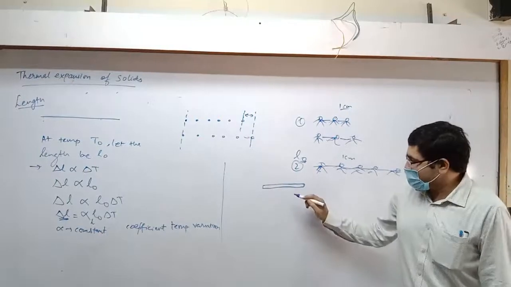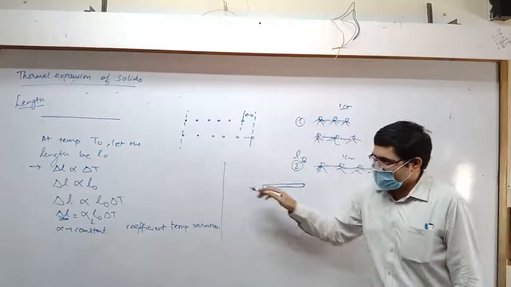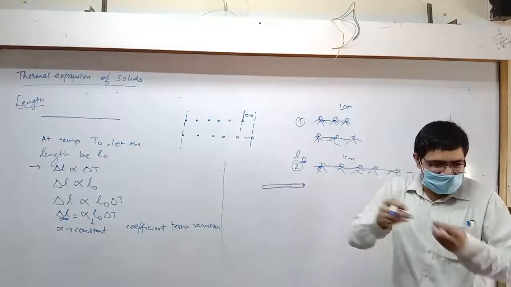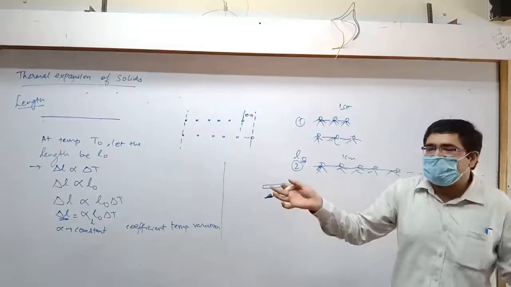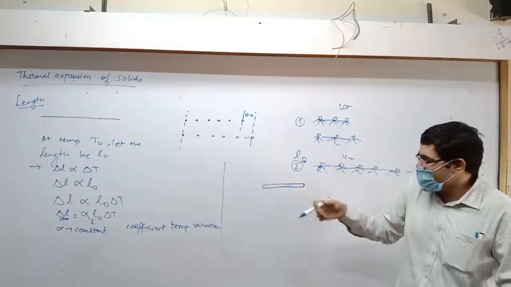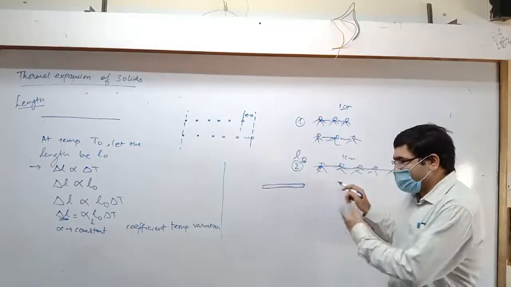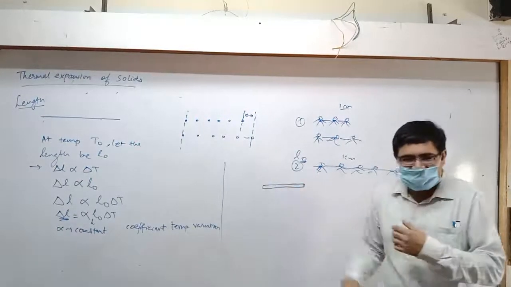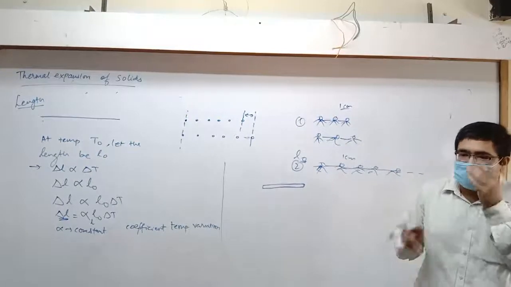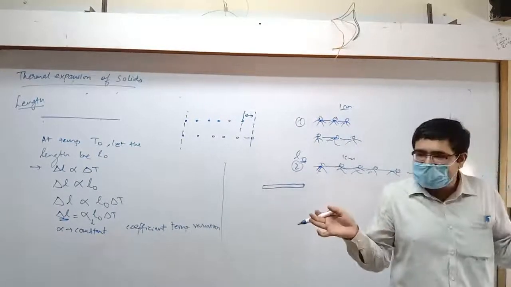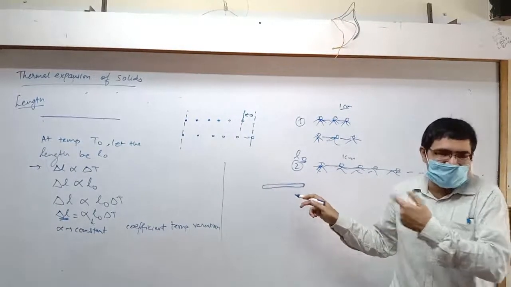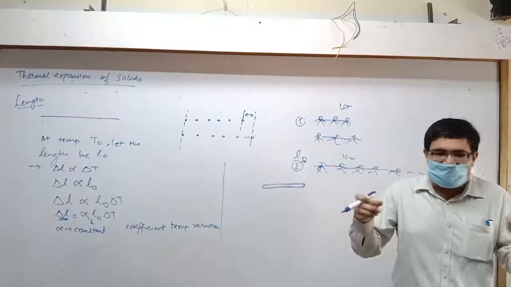So its length will increase. You understand why the length will increase, because the molecules will try to go away from each other because of higher energy. So in which direction will the length increase? Only on the right side, or only on the left side? It will expand on both sides. Is that clear? If it is free, that is, nobody is holding it.